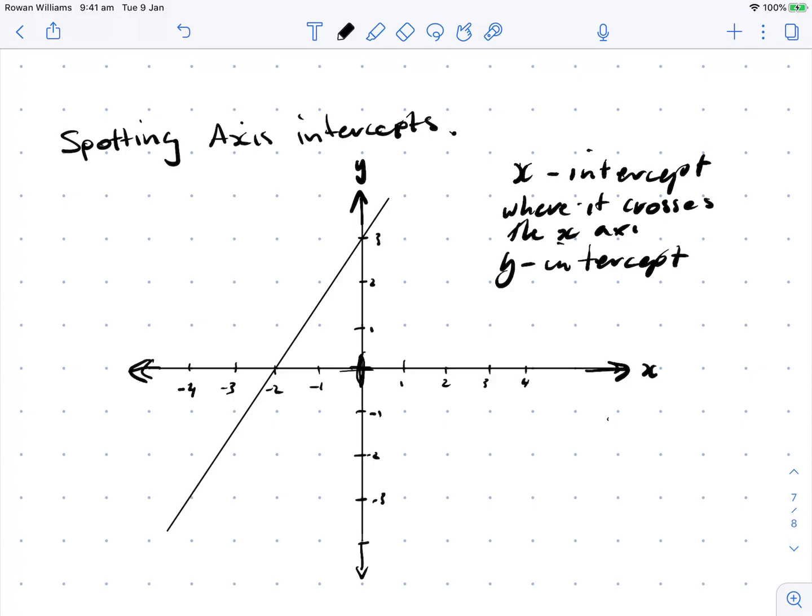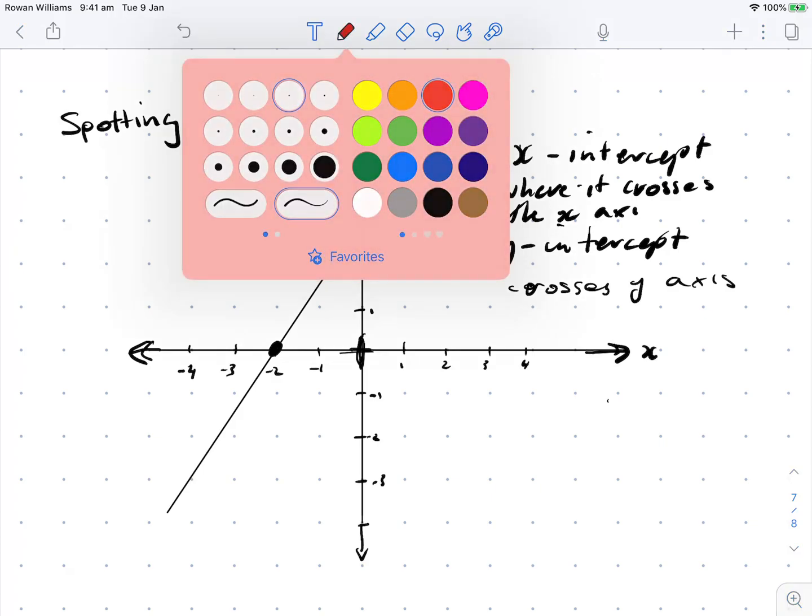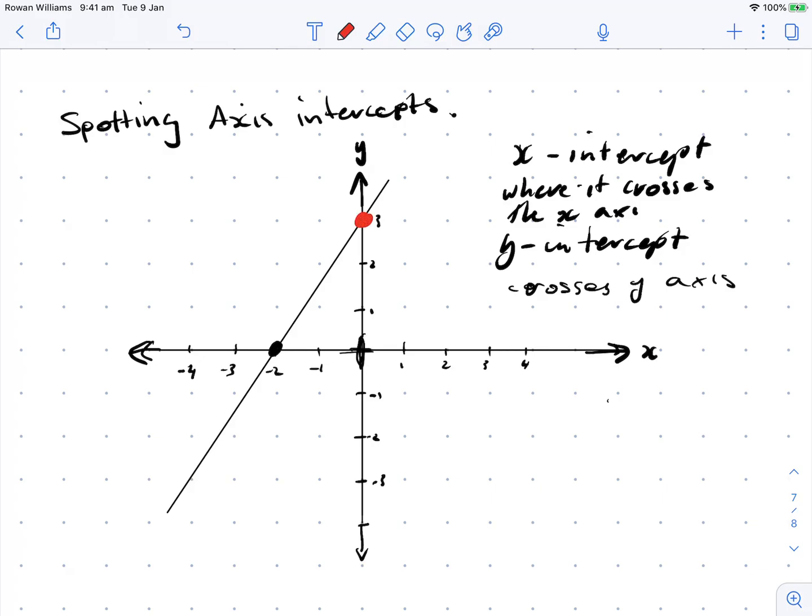That's our x-intercept. So looking at this, my x-intercept is down here. And the y-intercept is where it crosses the y-axis. I'll make these different colors, so I'll change the y-intercept to red. So my y-intercept would be here.